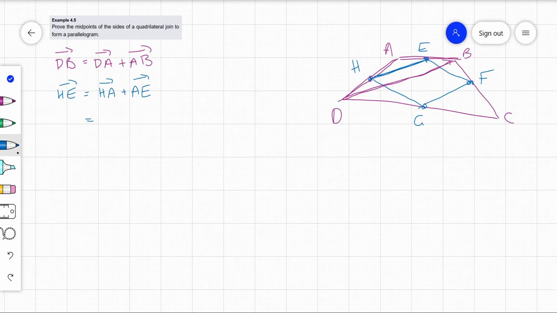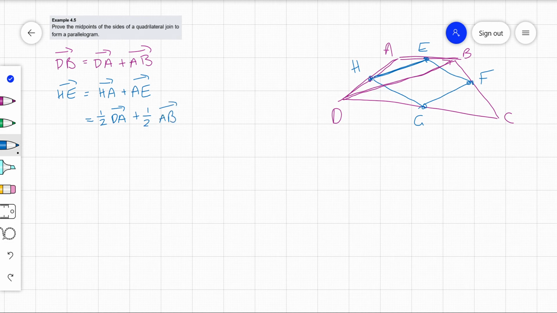Let's try and express these in terms of the purple lines. We know HA is half of DA because H is the midpoint. And we know that AE is half of vector AB, because it's also the midpoint.